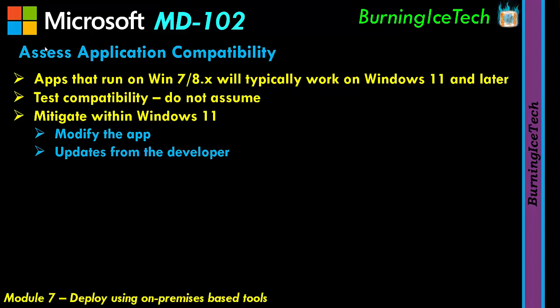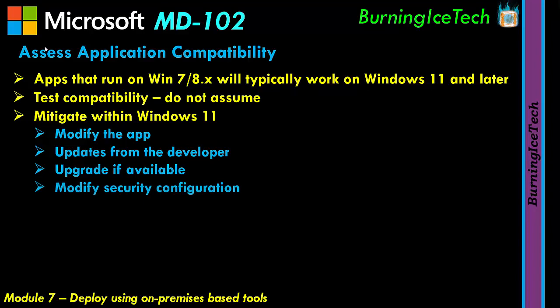Maybe, especially when Windows 11 is going to start becoming popular, developers will probably start uploading more and more updates for their apps, and that's 10 to 1 going to solve any bugs or glitches that might be exposed during that time. You can also try and upgrade if available. Try and upgrade your operating system, but I think they're most likely referring to upgrading the application itself to a newer and better version. You can modify security configuration if that happens to be a snag.